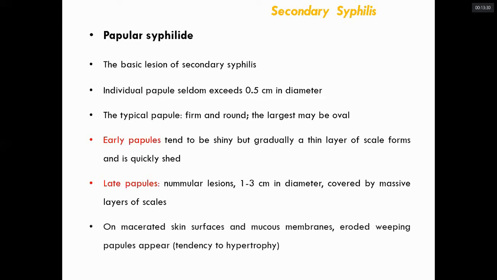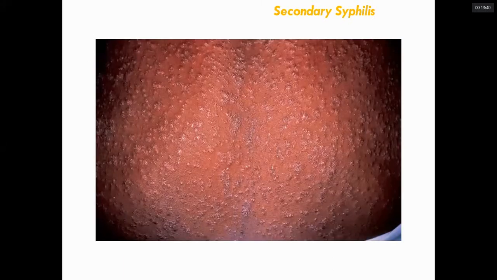And on macerated skin surface and mucous membrane, eroded weeping papules may be seen. And these eroded weeping papules have a tendency to hypertrophy. As you can see, these are the papules, multiple coppery red papules with scaling. These are symmetrically distributed. And remember, the lesions of syphilis do not itch. There is no pruritus.